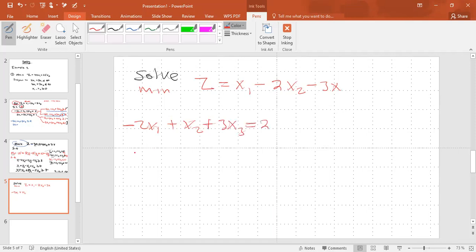Number 2: 2x1 plus 3x2 plus 4x3 equals 1.